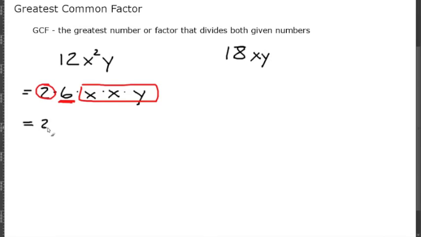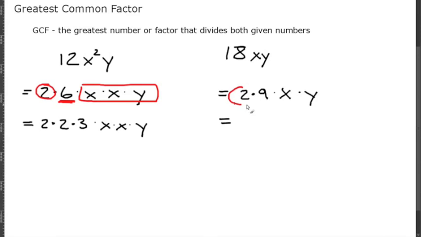So now we're going to have 2 times 2 times 3 times x times y. 2, 2, and 3 are all primes, and therefore this is the prime factorization. For 18, we can break 18 up into 2 times 9, and then x times y.